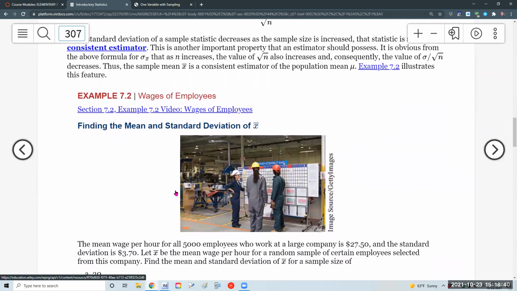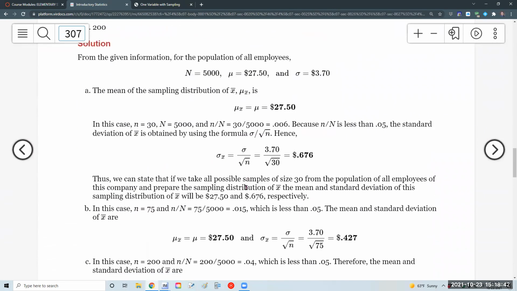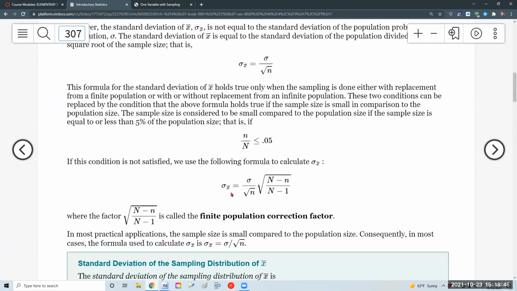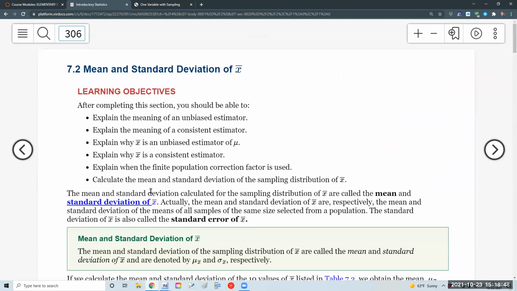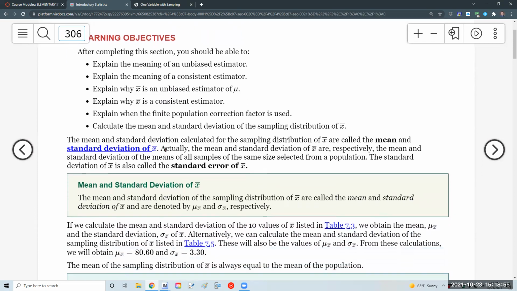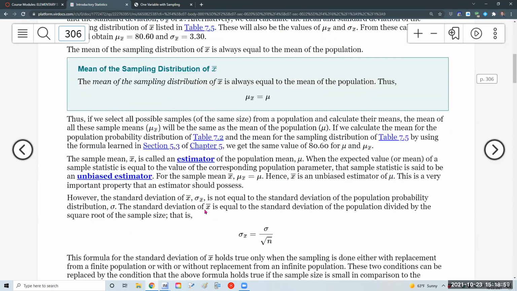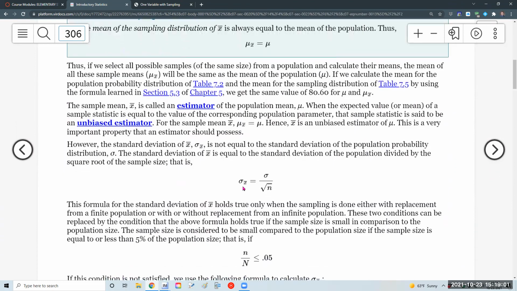I think that was all they presented here other than some examples. So the main point of this section was just to introduce the concept of an unbiased and consistent estimator, and also to give you the formulas for the mean, mu sub x bar, and standard deviation, sigma sub x bar, of the sampling distribution of x bar.